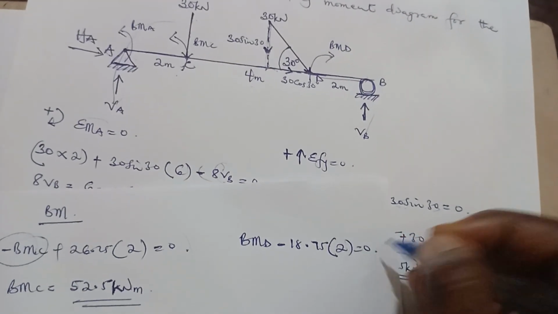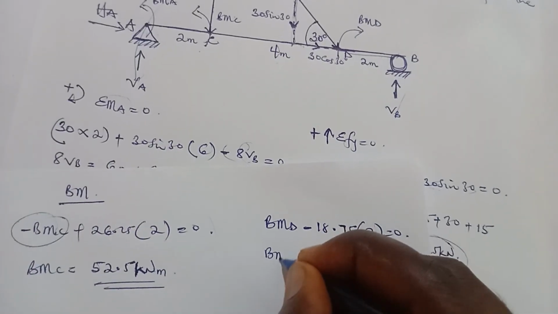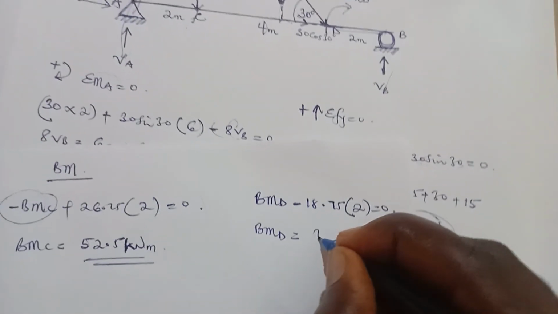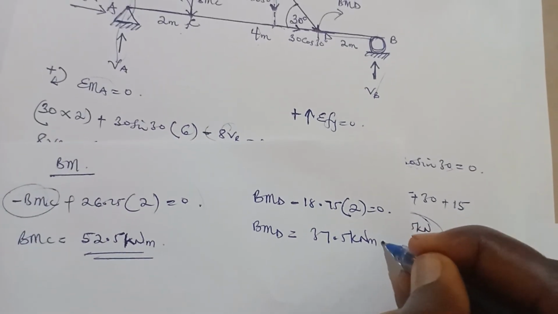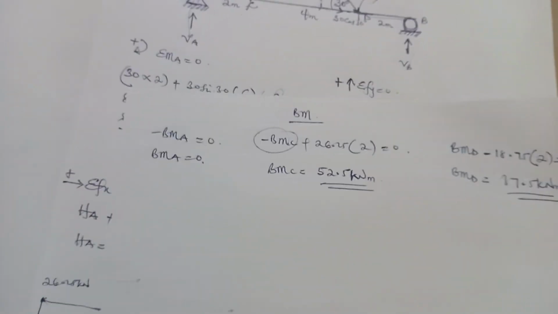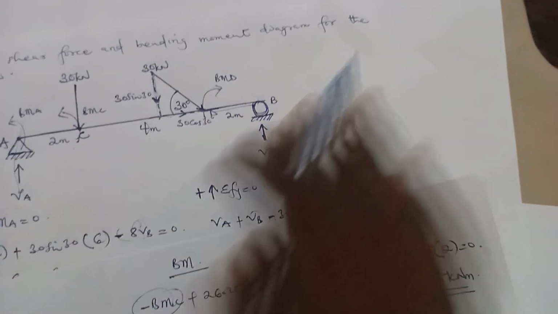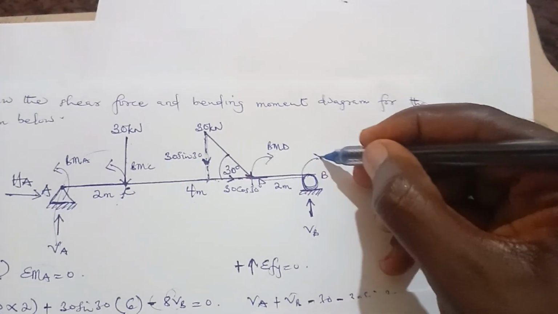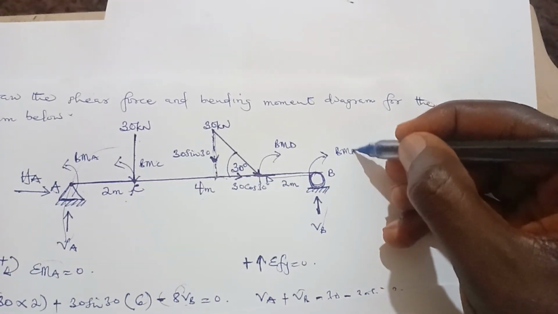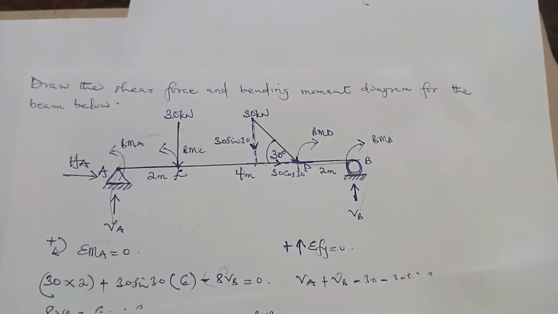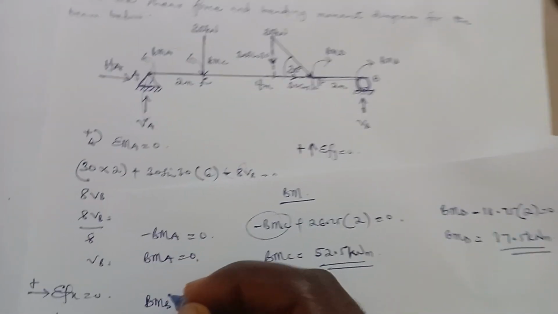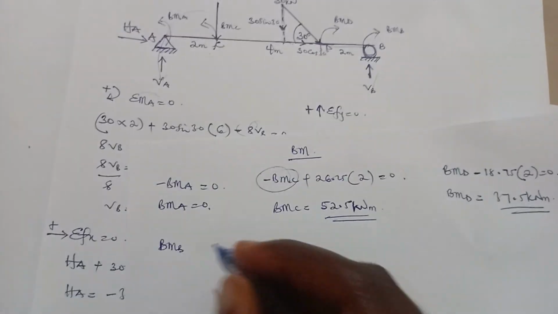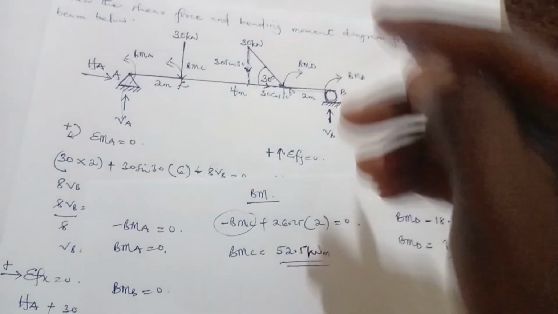Everything here is equal to 0. So BMD is equal to 37.5 kilonewton meter. And now the bending moment at B. Consider taking our right and call it BMB. So bending moment about B, clockwise, is equal to 0 since there's nothing here.